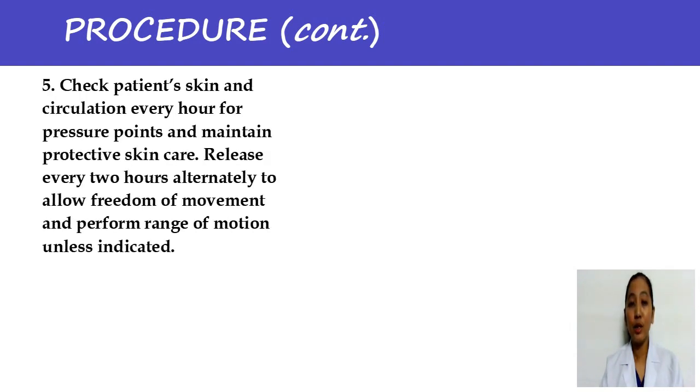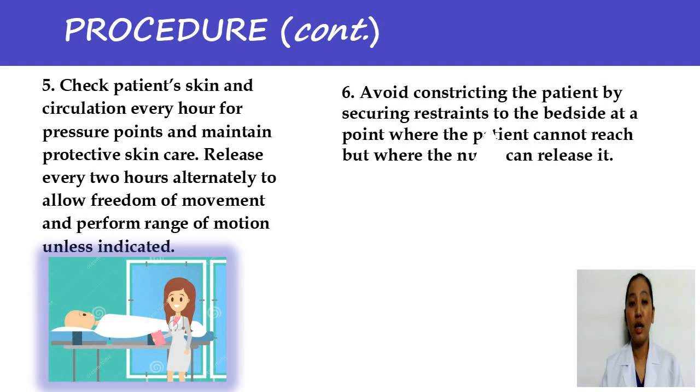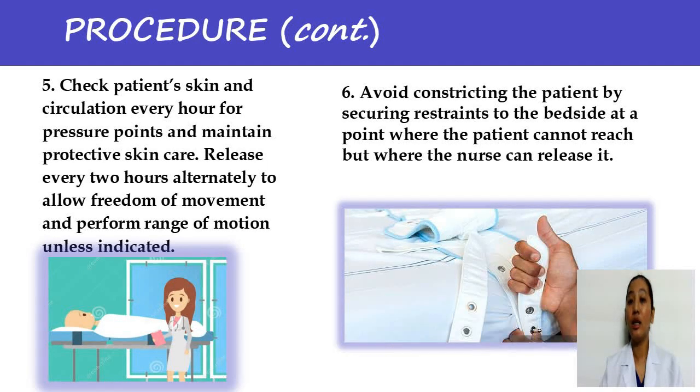Fifth, check the patient's skin and circulation every hour for pressure points and maintain protective skin care. Release every 2 hours, alternately, to allow freedom of movement and perform range of motion unless indicated. Sixth, avoid constricting the patient by securing restraints to the bedside at a point where the patient cannot reach but where the nurse can release.